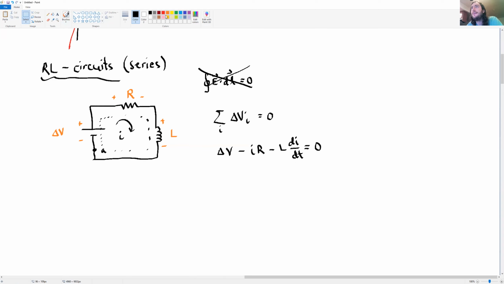If I take a limit on this equation, as t goes to infinity, I know that eventually the current will not change anymore. And so what I'll have is delta V minus I max times R is equal to 0. So this term here becomes 0 in the limit.